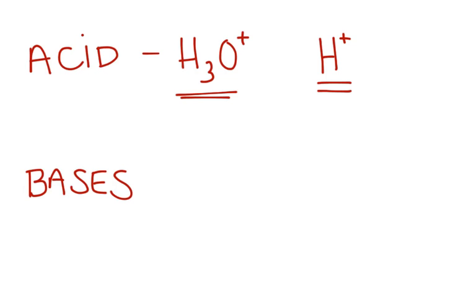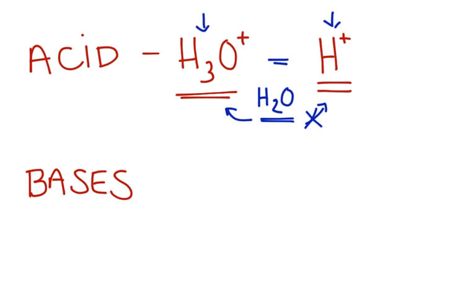In truth, these are really the same thing with one difference. If you look carefully between H3O+ and H+, the difference between them is simply water. So really, these are the things that are created by acids. It's just a matter of whether I'm including the water or not. So H3O+, H+, that's an acid.